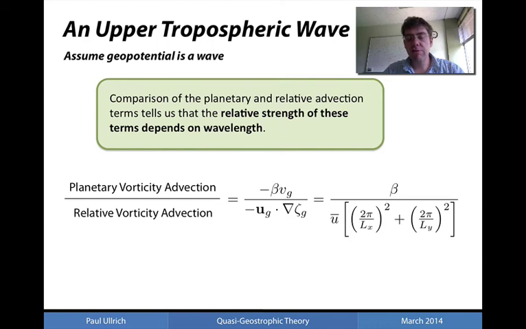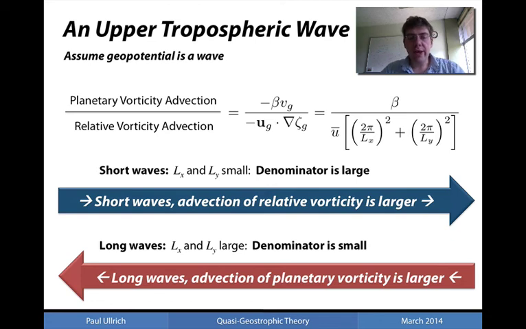So the ratio of planetary vorticity advection to relative vorticity advection is given by beta divided by the mean wind u times k squared plus l squared, or alternatively 2 pi over Lx squared plus 2 pi over Ly squared.